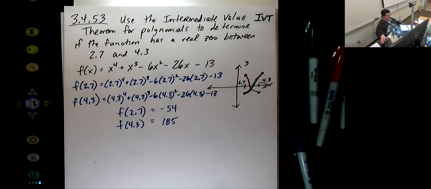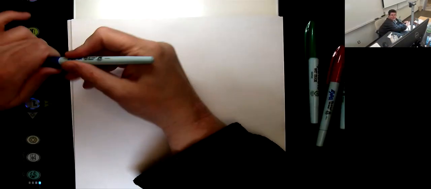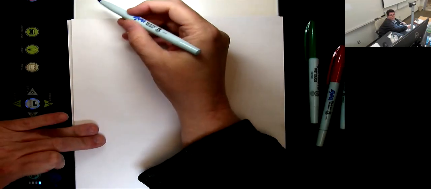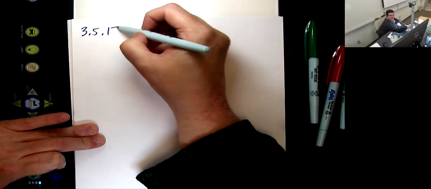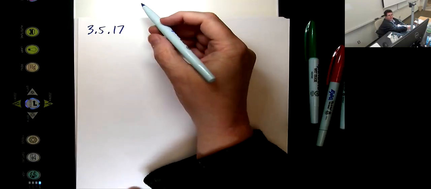Question 3.5. Let's take a look at this bad boy. So this is 3.5, and at the top it says 0.17. This is question number 8 for our student.